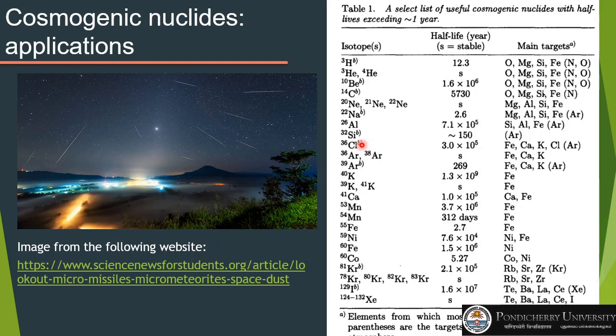For example, 36Cl also is used for similar types of surface ages or exposure ages. Only thing is that in 36Cl, the target nuclides for in situ production are potassium and calcium. So it depends upon the concentration. So you have to also account for the concentration of potassium in the target sample, or the target material which you are using as sample.